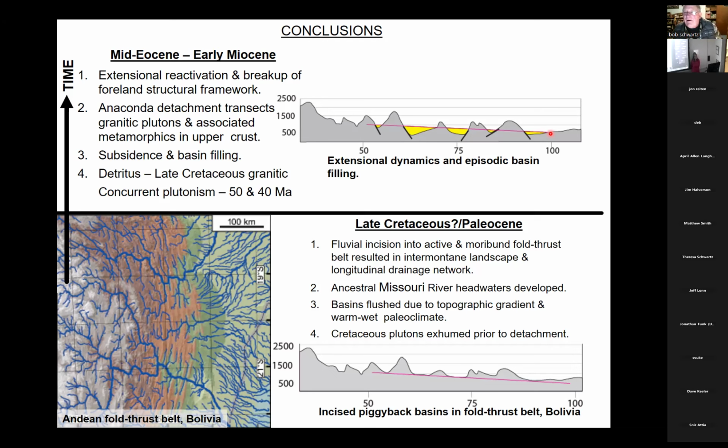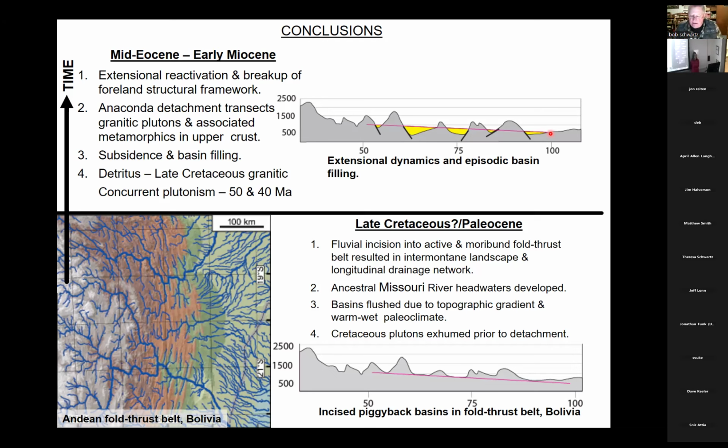Yeah, I think, well, to flush a system, you need to have a huge amount of incision rates. He says it's like Tibetan plateau sort of stuff. Yeah, he says that to flush a system like that, you need a really high incision rate. Oh, yeah, I agree.